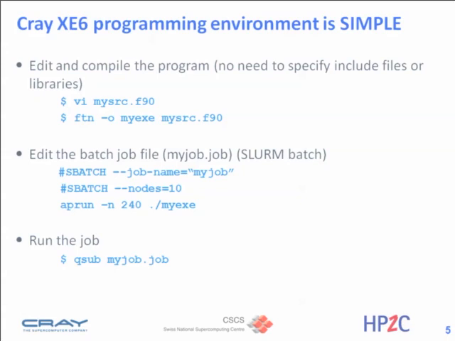No matter if it's gfortran or PGI or PathScale or the Cray compiler itself, you always have the same command to use. And then, of course, the options and flags are whatever is proper for your compiler.